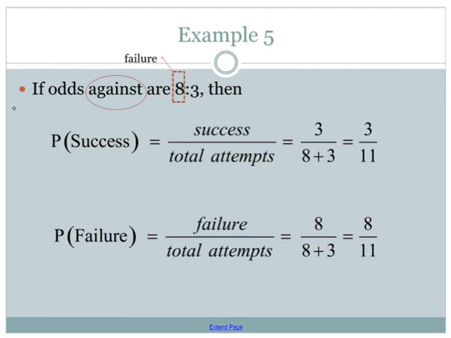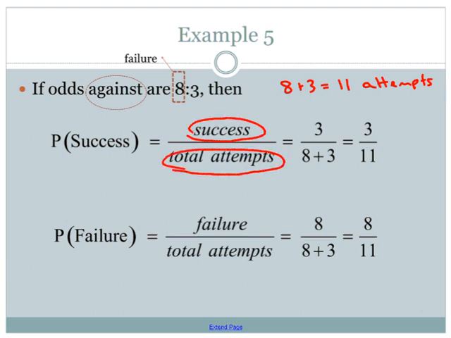So if the odds against something happening are 8 to 3, the first thing I'm going to think about is, oh, 8 plus 3 equals 11. There were 11 attempts. Now, if I want the probability of success, I'm going to take the number of successes and divide it by the number of attempts.